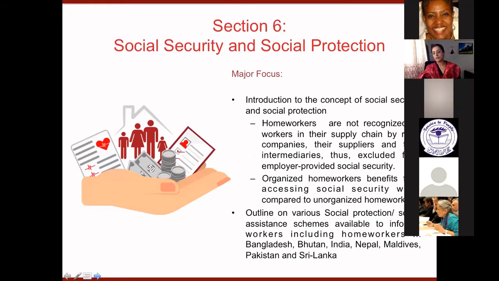Employers don't recognize home workers as workers in their supply chain, and therefore home workers don't have access to employer-provided social security. However, we have found one good practice on the ground. We have a member organization, Sadhana, where they've negotiated with brands to include Provident Fund and ESI within the piece rates. We've described this in the toolkit, but just to let you know, these examples are very few.